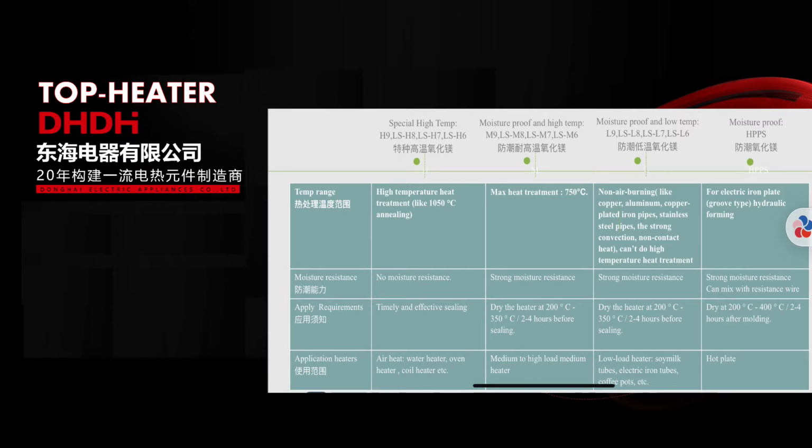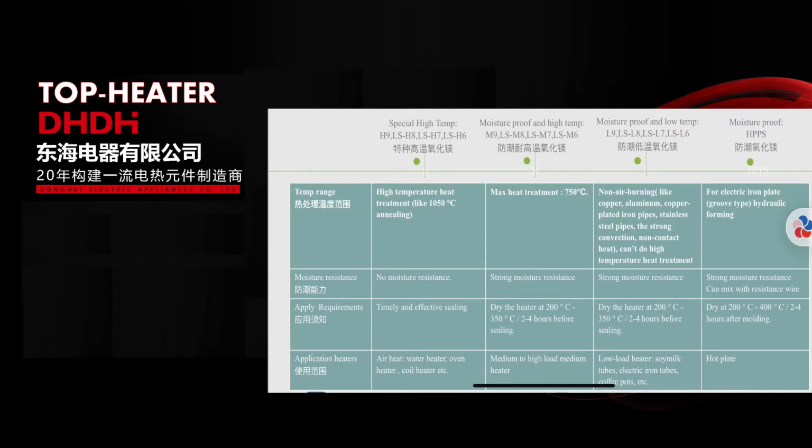The next one is the M model. For the M model, we also divide it into four models: 9, 8, 7, and 6. With the heat treatment, our max heat treatment temperature can reach 750 degrees Celsius.